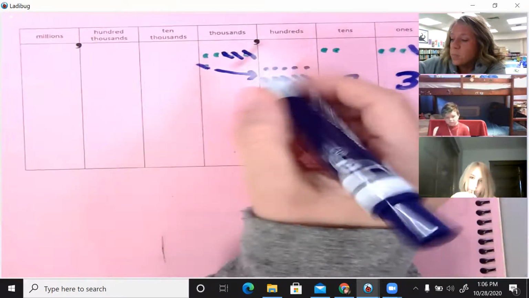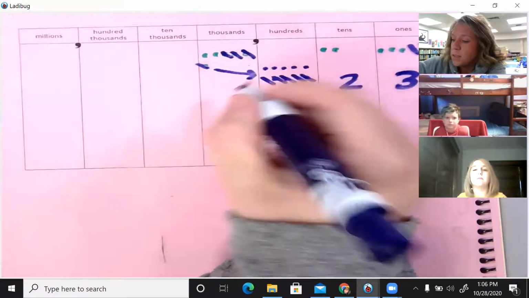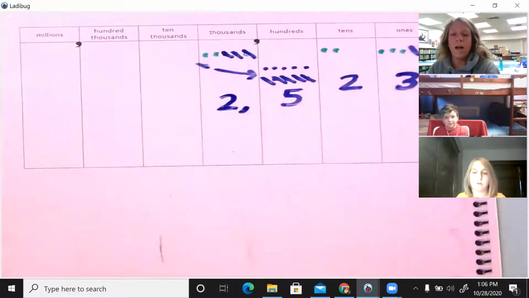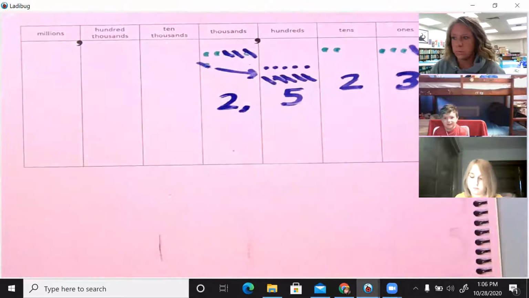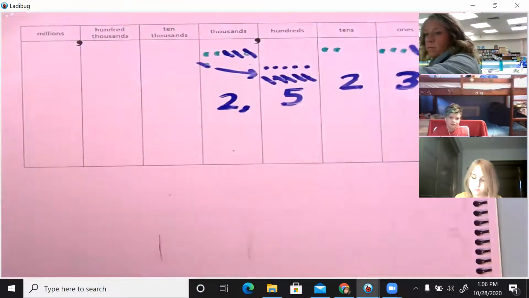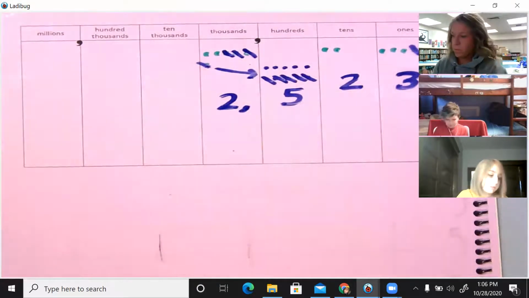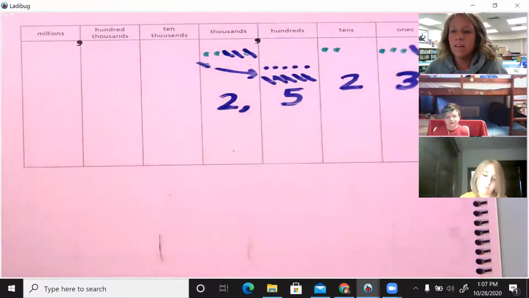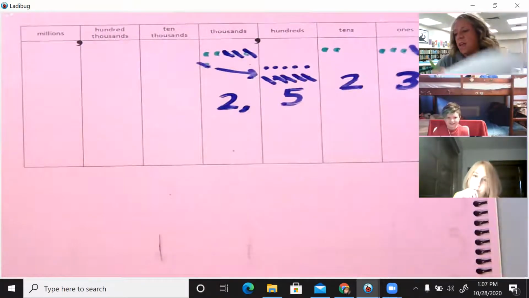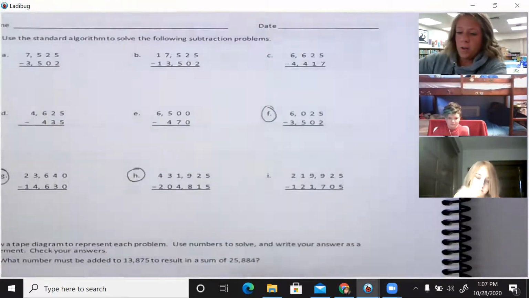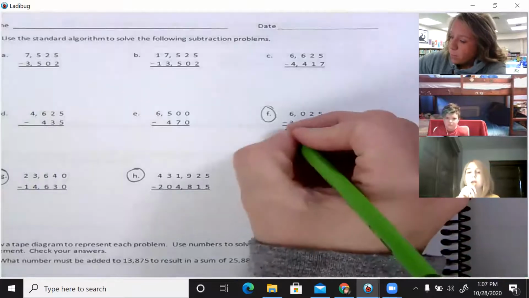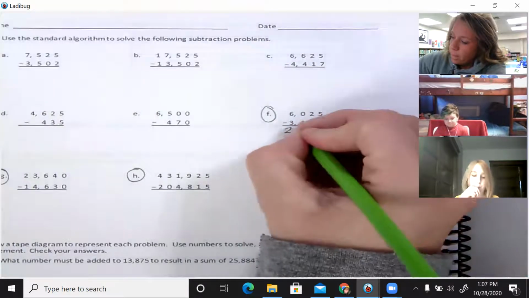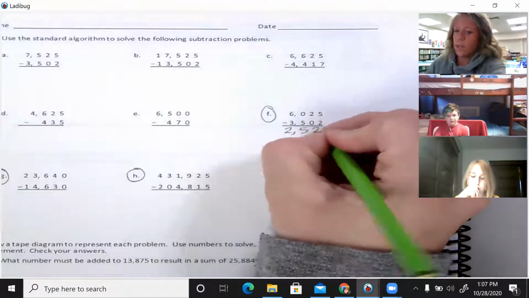And in the thousands place, I have 1, 2 discs, making what my answer? 2,523. Thank you. So now in my student workbook, under letter F, I'm going to write 2,523.